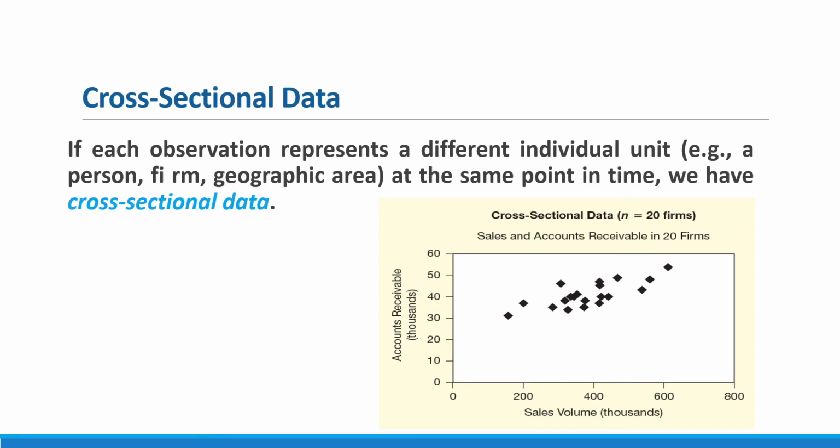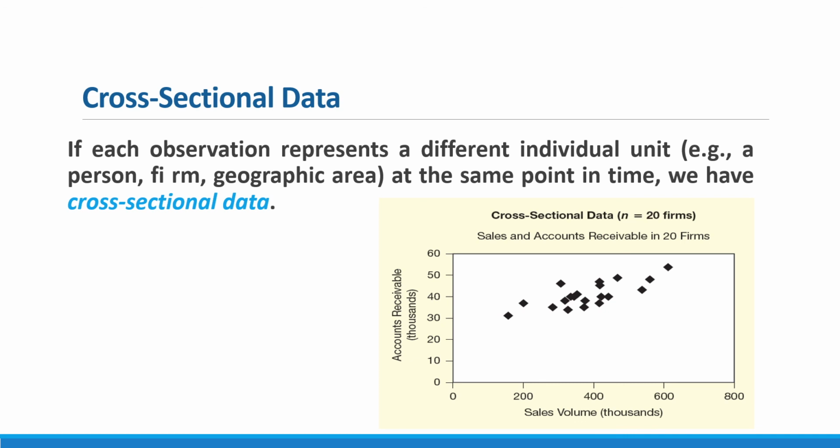The second type, compared to the time series data, is cross-sectional data. If each observation represents a different individual unit, a person, firm, geographic area, at the same point in time, we have cross-sectional data. So in time series, we are considering the same unit at different times with the same frequency.